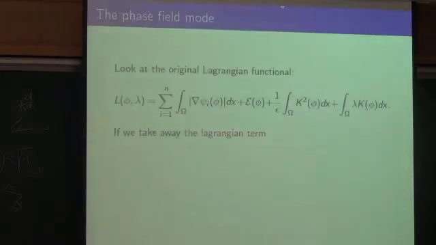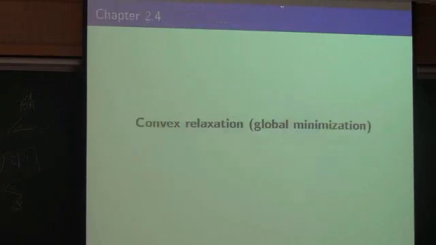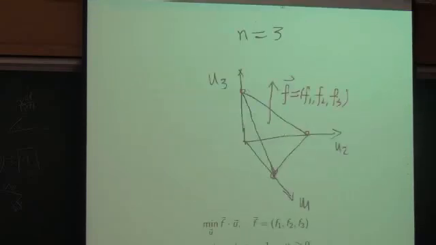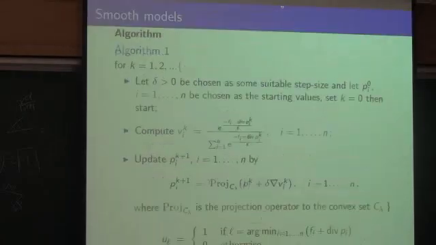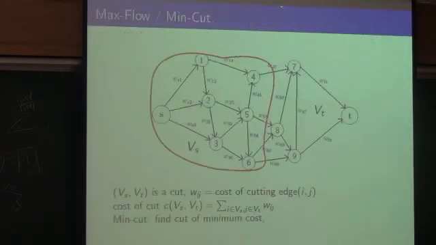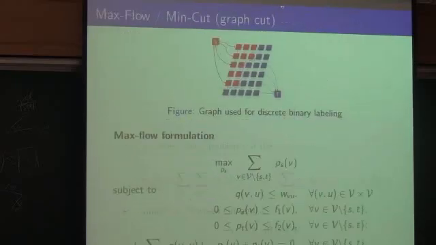And then the phase field methods. Especially the convex relaxation, which turns out very fast and very stable, combined with the augmented Lagrangian. And then I talk about graph cuts.